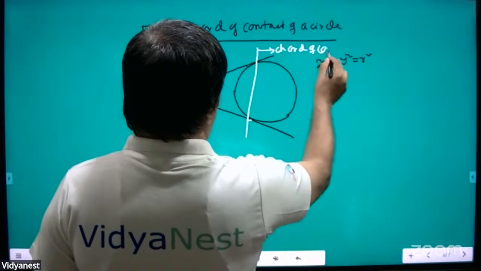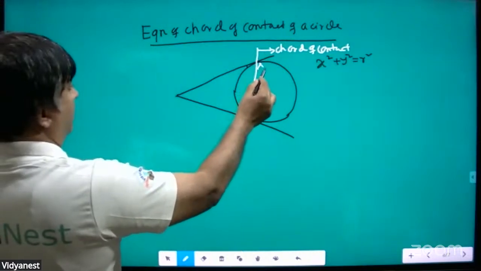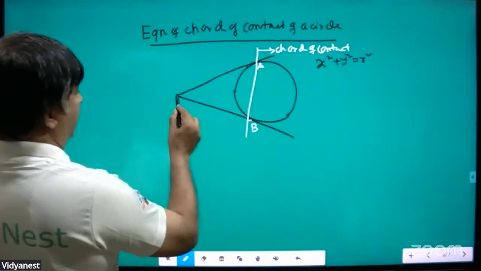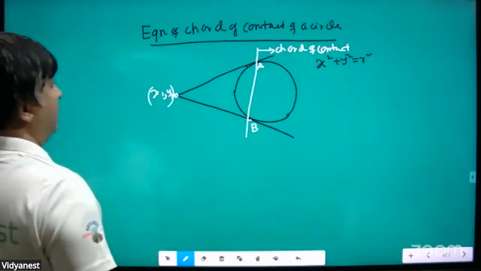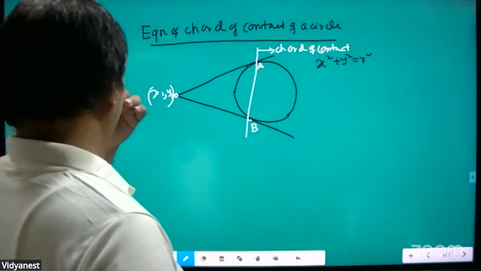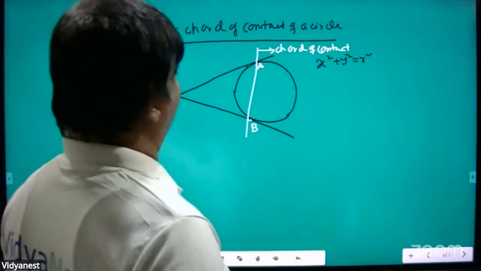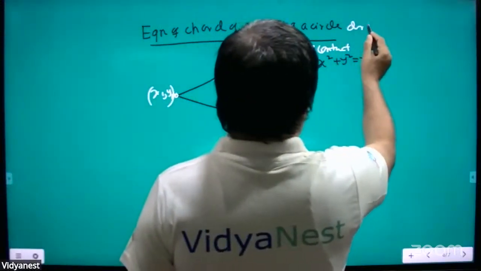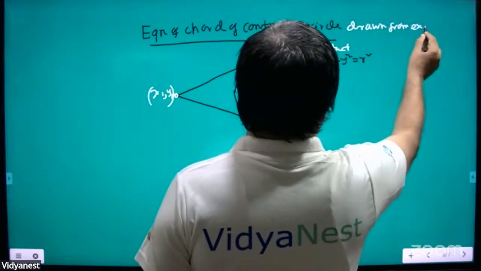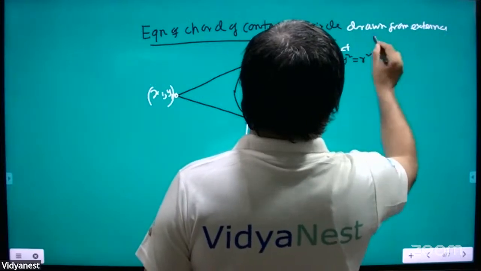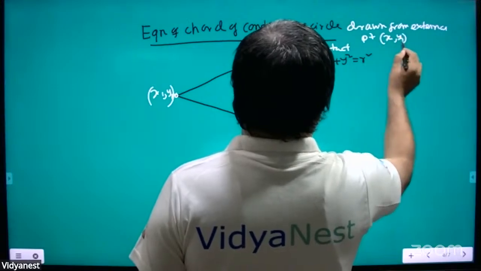So this line is the chord of contact. So this is A, B. I am letting this point x1, y1. So the equation of chord of contact of a circle drawn from external point x1, y1.